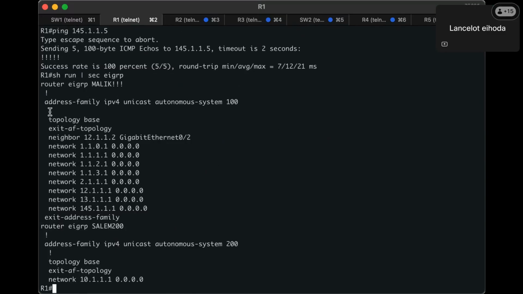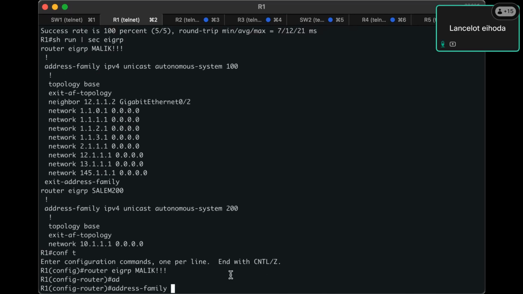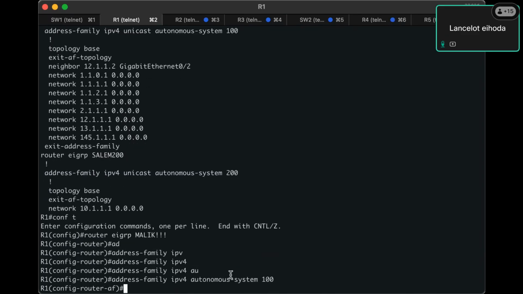Okay. So EIGRP 100 is Malik. Copy that. Config t, router EIGRP Malik. On the address family of still IPv4, on autonomous system 100 as usual. So I have a neighbor that is 145.1.1.4 on gig 0/0.